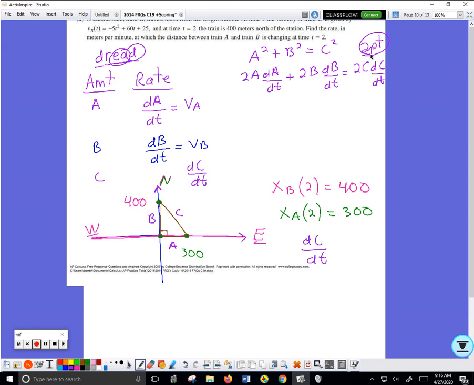Now it's a matter of just plugging everything in. So we have 2 times A, which is 300. dA/dt is how fast this distance is changing at time equal 2, which is the velocity of train A at time equal 2, which was given in the table as being 100.